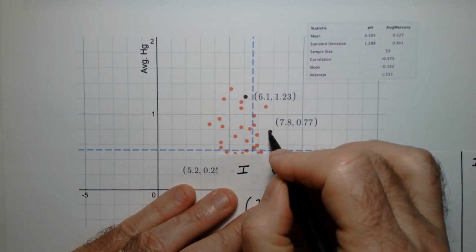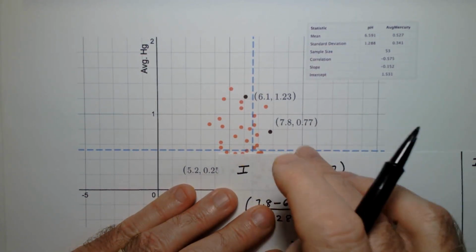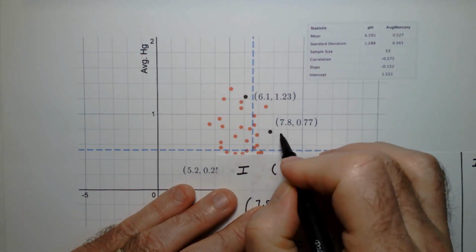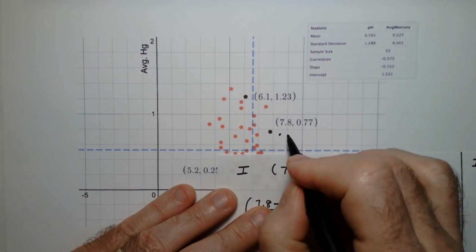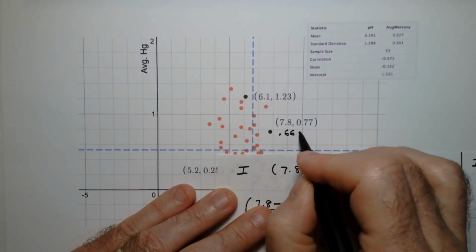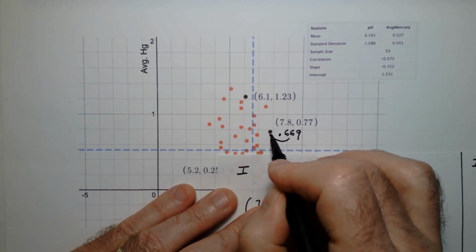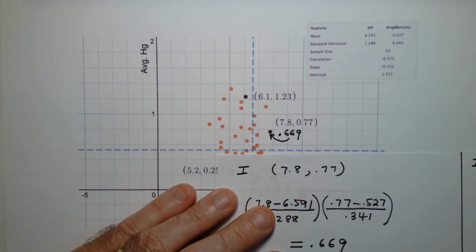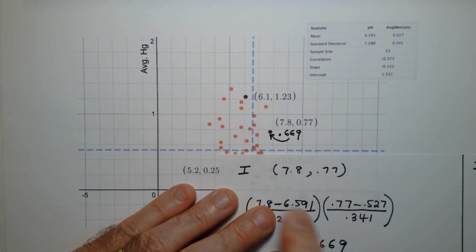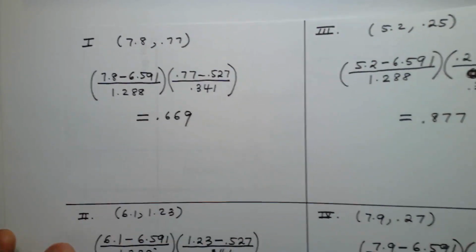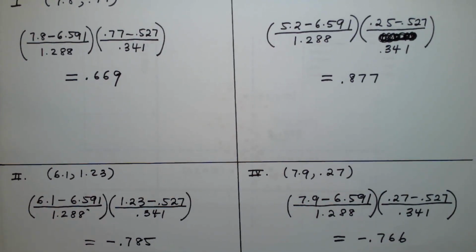So the 0.669 is the number that I'm going to attach to this point here. I'm going to think of that point as not only having this coordinate, but also having the value that we've just calculated, which is 0.669. Now, we have to do that calculation for this point in quadrant 2 and quadrant 3, etc. I've done all those calculations.